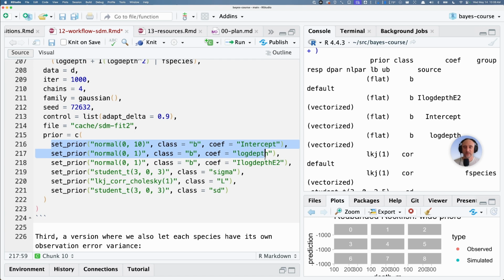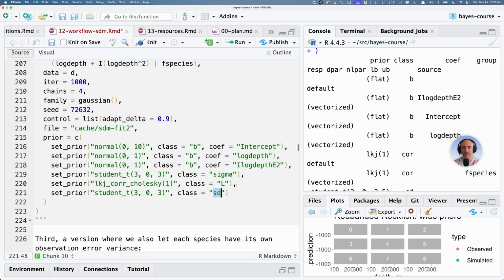So I'm going to set the same priors on the main effects, and I'm going to set the same kind of prior, the half student t prior, on my observation error standard deviation and on the spread of the random effects. Those are both the same kind of parameter.